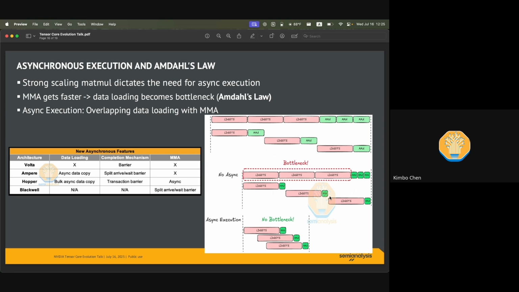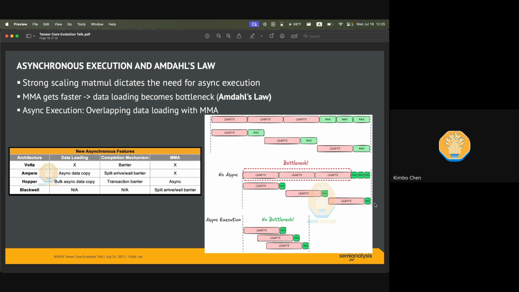The way to work around Amdahl's law is by introducing asynchronous execution. So you overlap the data loading with the MMA operations that we see in the third row. By being able to overlap them, you could avoid the bottleneck of data loading.